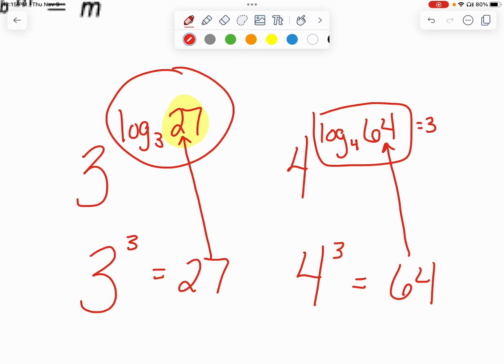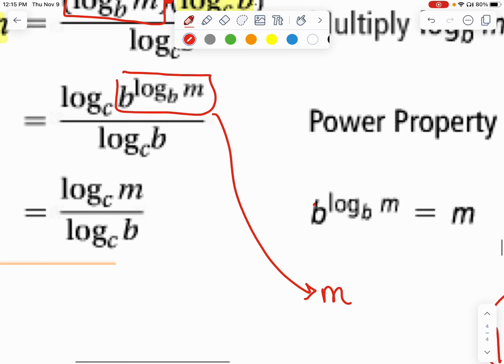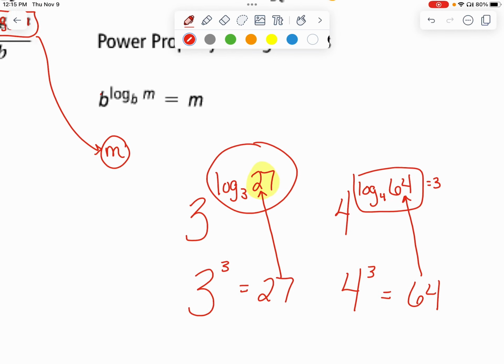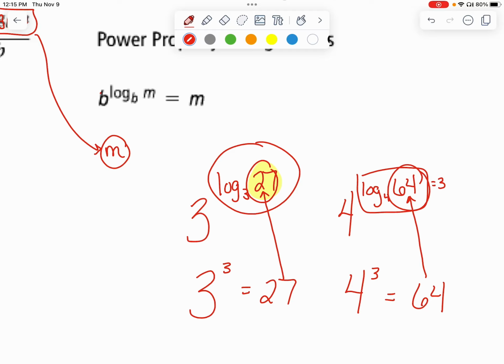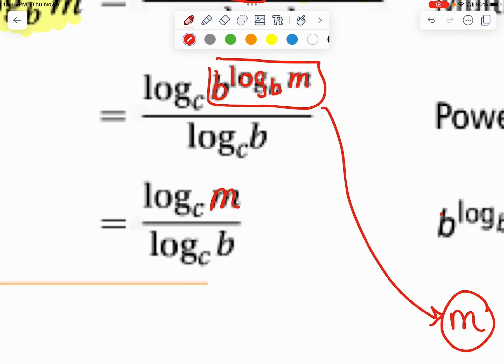So I'm trying to show you that if you have b raised to a logarithm of that same base of that same number to the m power, that entire box will become that particular item. Like this one became 27, this one became 64. So that entire box becomes an m.